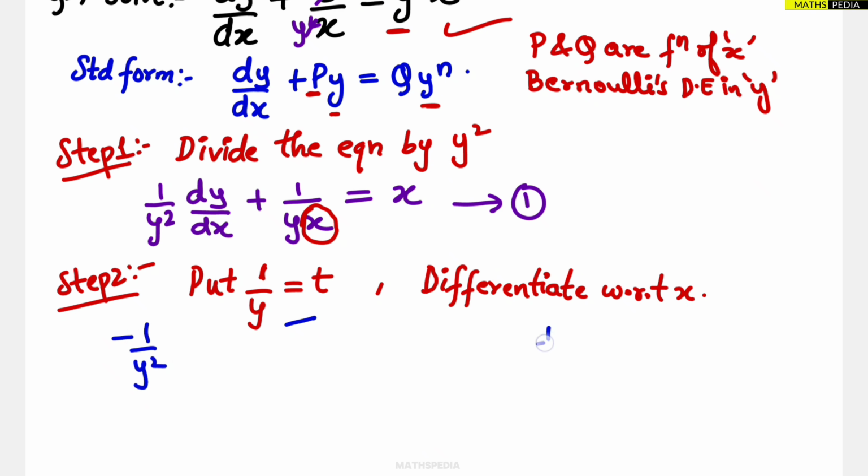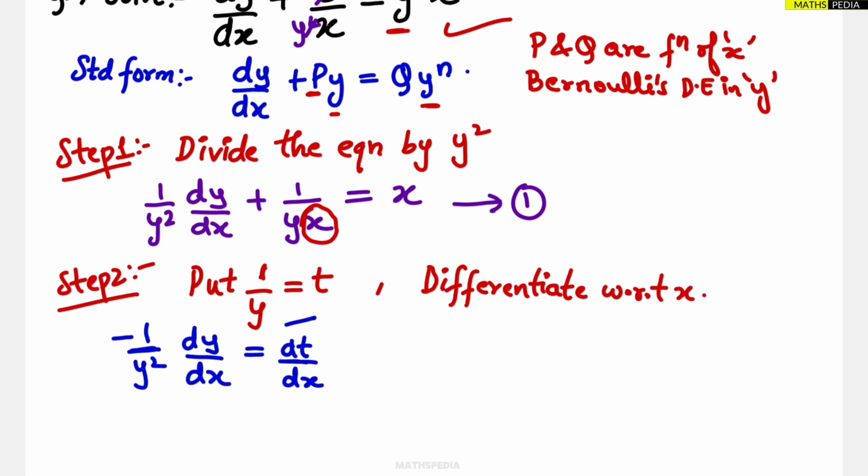We have studied 1 by x differentiation is minus 1 by x square. So same logic here, but with respect to x we have to differentiate, right? So chain rule, dy by dx, equal to, the t variable differentiation, dt by dx.